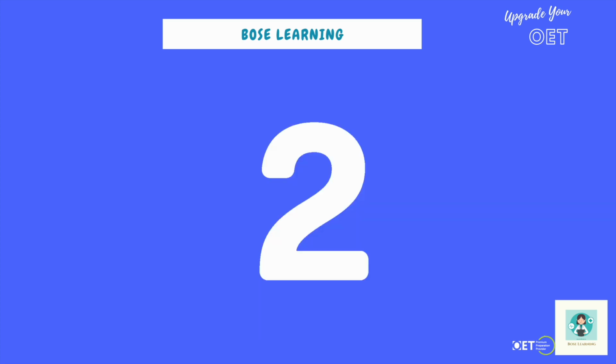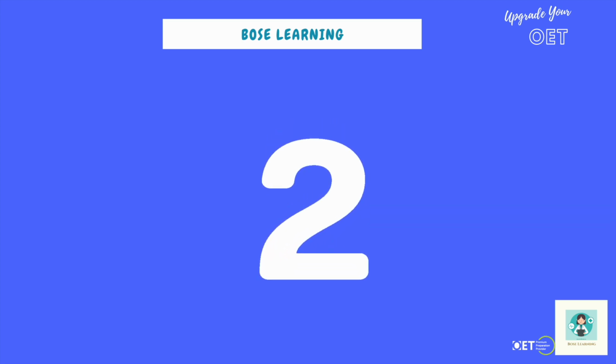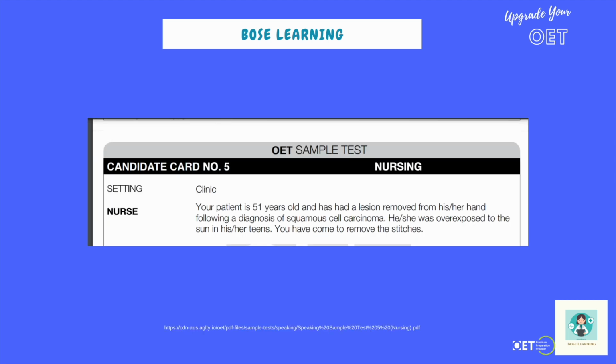How can I help? Okay, let's have a look at another scenario together. So if you remember, this again was in a clinic. This time it's a nurse, and this time it happens to be your patient that you're seeing. So you know them.